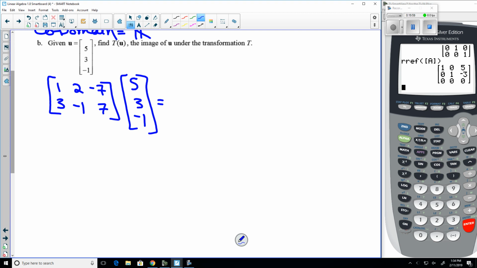R2. So I'll have 2 entries, and I'm going to do the dot product method for multiplying these together.